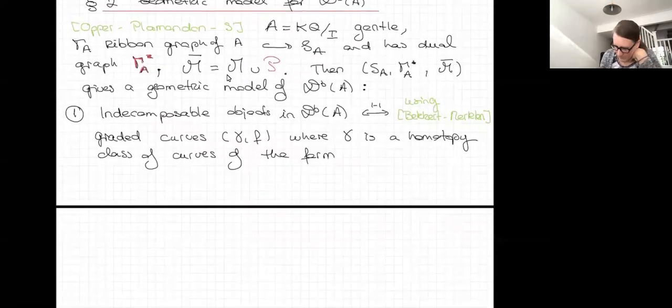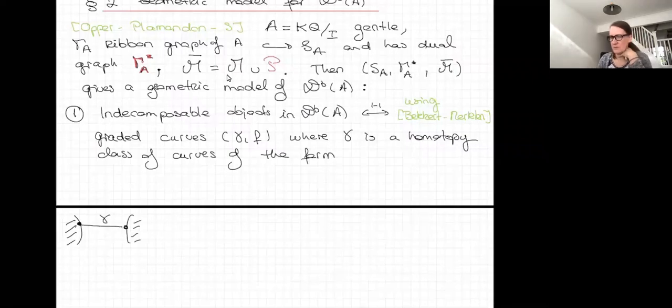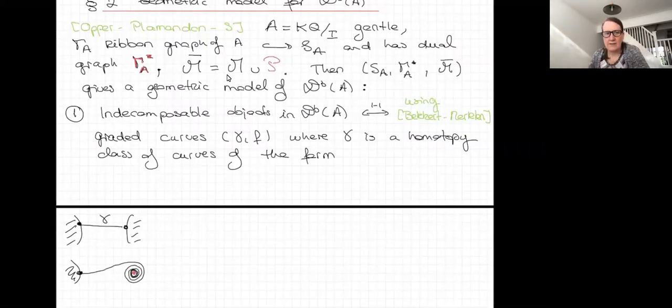They can be curves connecting two marked points on the boundary. That's one option. They can be a curve going from a boundary to a red puncture, but if this happens, then the curve is necessarily going to wrap around this puncture in the clockwise direction, like so.